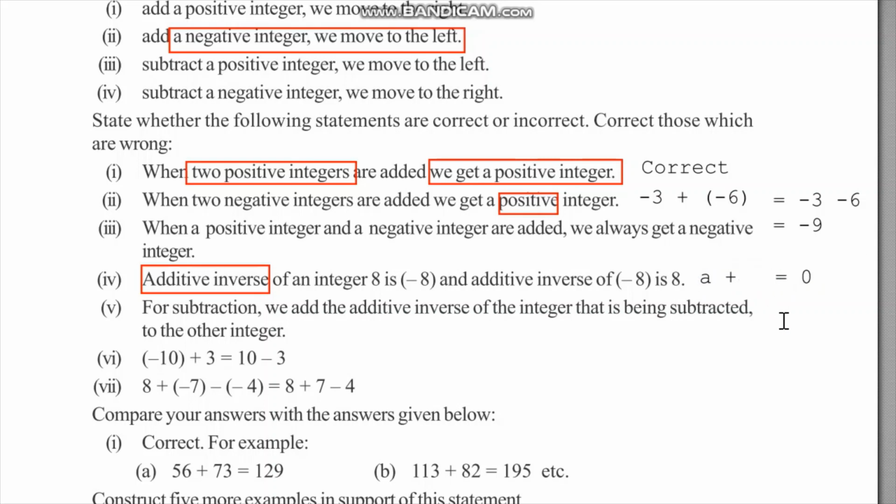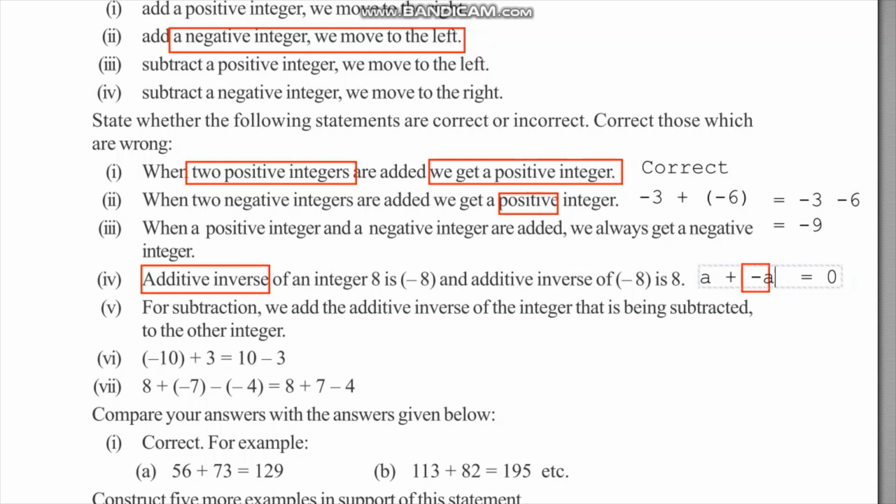So what is it that you have to add to a to get a 0? The answer is minus a, right? When you add minus a to a, you will get a 0. So this statement is correct, because the additive inverse of plus 8 is minus 8 and the additive inverse of minus 8 is plus 8, because when you add plus 8 to minus 8, you will get a 0.